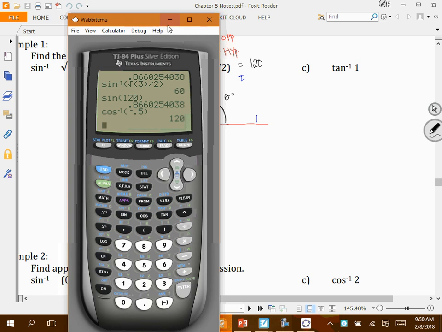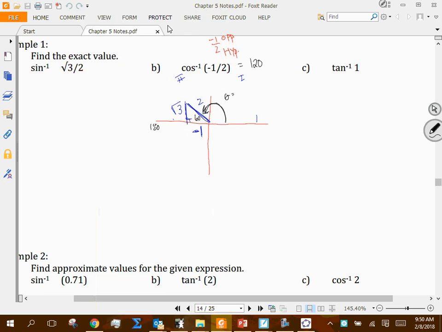Okay. Now here's the thing. Isn't cosine negative in this quadrant and in this quadrant? Okay. So there's a reflection. There's another triangle down here, a congruent triangle. It would allow me to find maybe that angle right there. Okay.